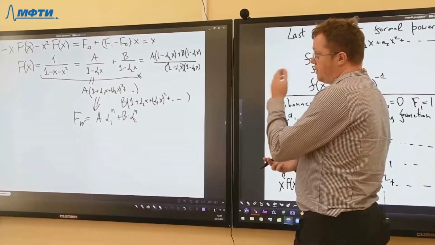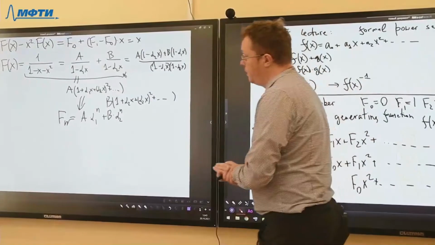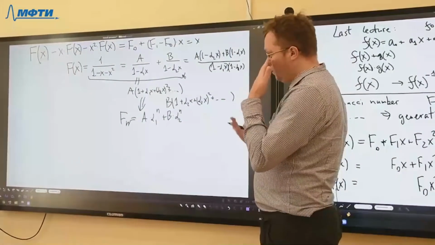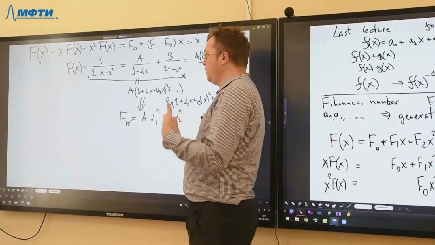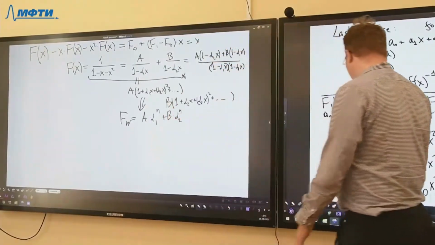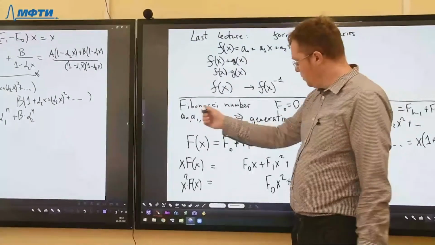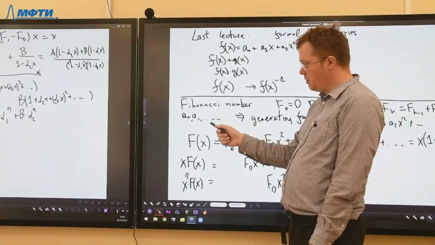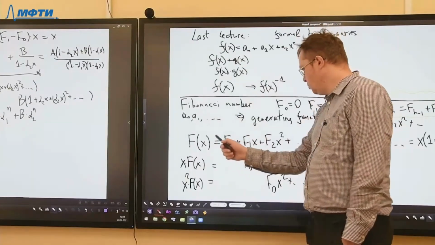And the same holds for any generating function for a sequence which can be obtained by a linear recurrence. So if you have a sequence which satisfies a linear recurrence, then you can do the same trick here.